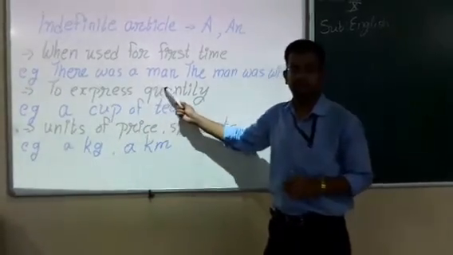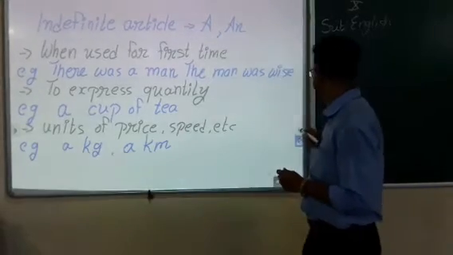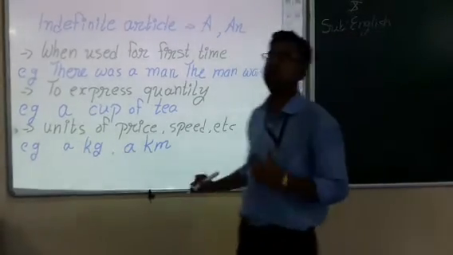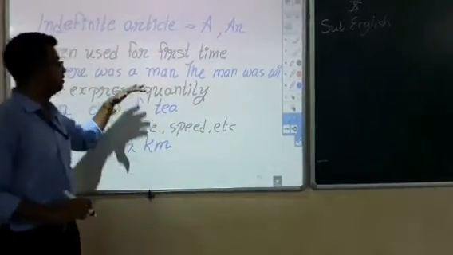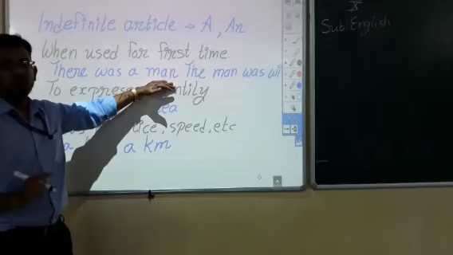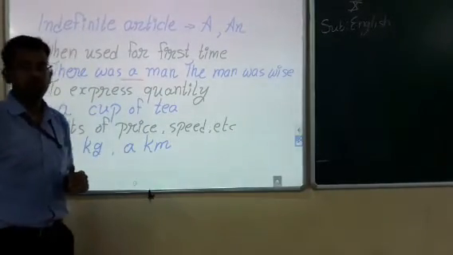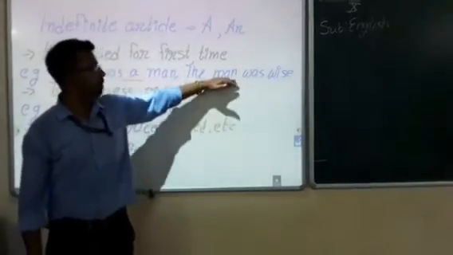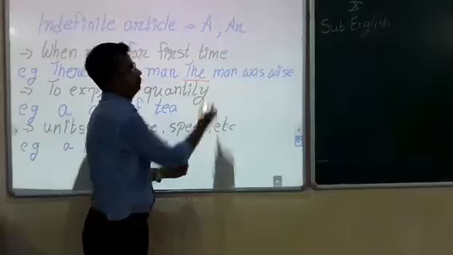There was a man. The man was wise. In the first sentence, when man is used for the first time, we have used a, and when man is used for the second time, we have used the.